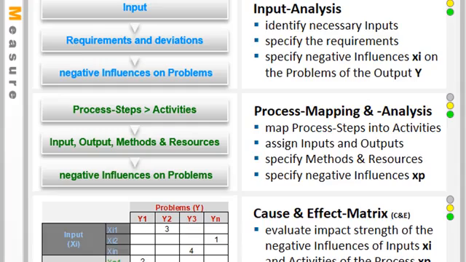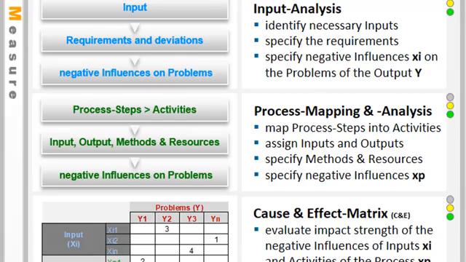Next, the major process steps of the SIPOC are mapped in more detailed activities. It is a good idea to perform this mapping together with the experts of the process and to just follow and observe, as far as possible, the generation of a certain product or service along its value chain.